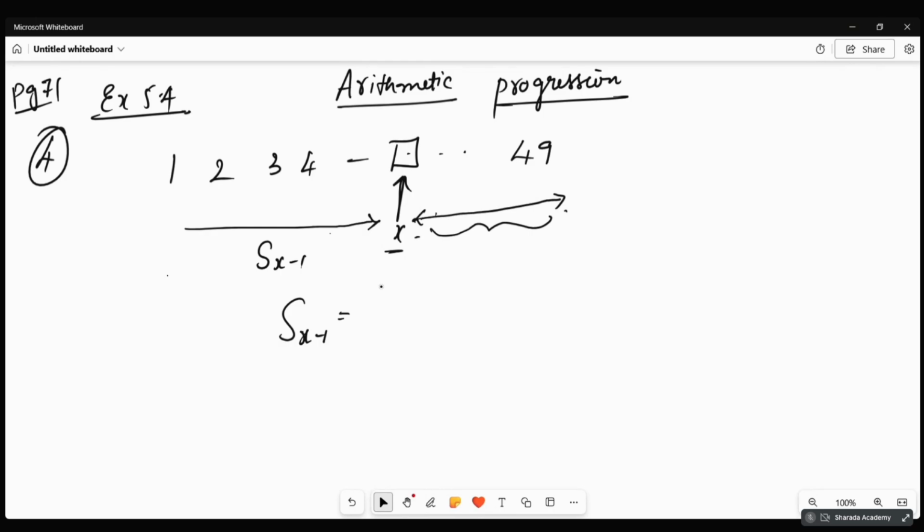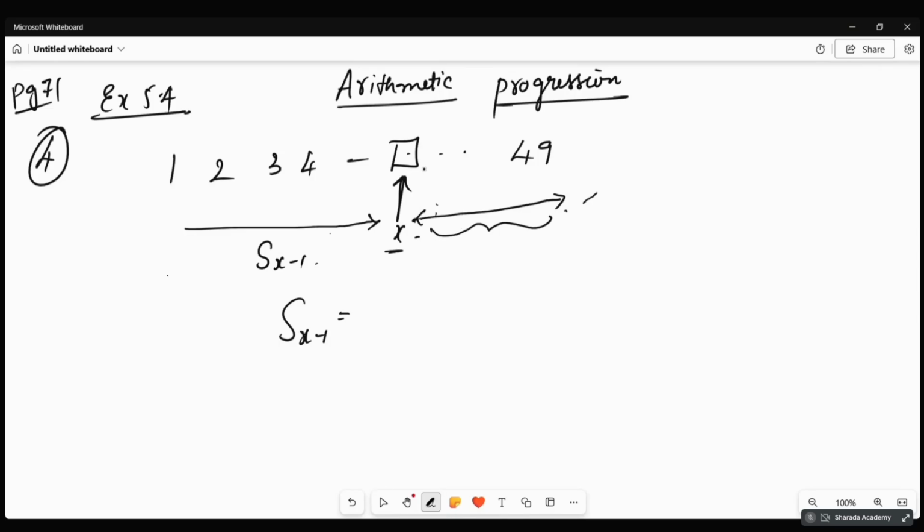Again, I repeat, 1 to 49 house numbers are there. You will take one house number, maybe the 20th or 15th, consider that is x. Leaving that 15th one, all 14 you will add. What is the total you will get? That will be equal to all the rest you will add here. That should be equal. What is that x value he is asking?